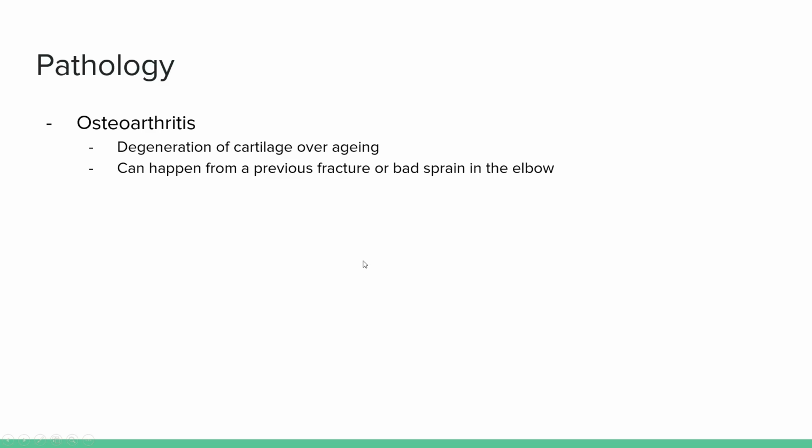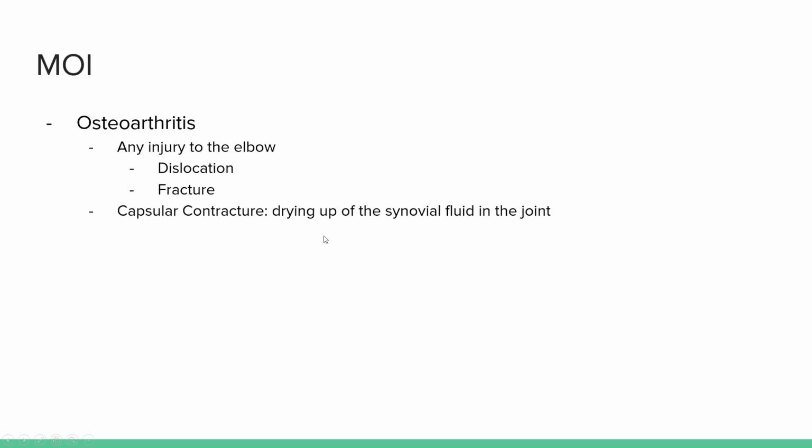So now to move on to osteoarthritis. The pathology behind it is a degeneration of cartilage over aging, and it can happen from a previous fracture or bad sprain to the elbow. Some mechanisms of injury could be dislocation or a fracture.